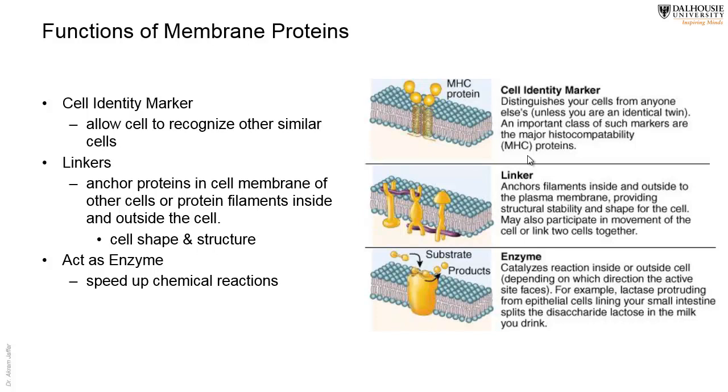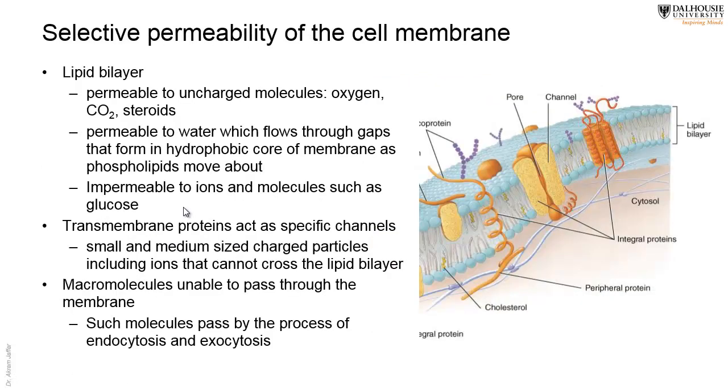These filaments play an important role in changing the shape of the cell, as we will see later. Some of the proteins act as enzymes. The enzymes speed up chemical reactions in certain places. So these are, in general, the functions of the cell membrane and of the proteins in the cell membrane.